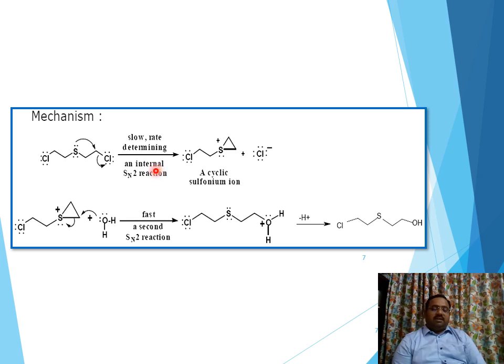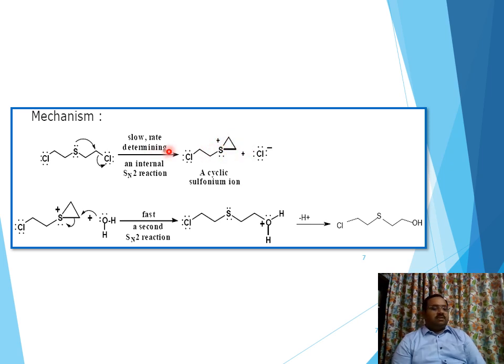Always remember in NGP, the first step is the rate determining step, and in the first step the internal nucleophilic attack takes place. That is the internal SN2 happening in the first step, and after the attack, as we have already seen in the previous slide, the cyclic sulfonium ion is formed.